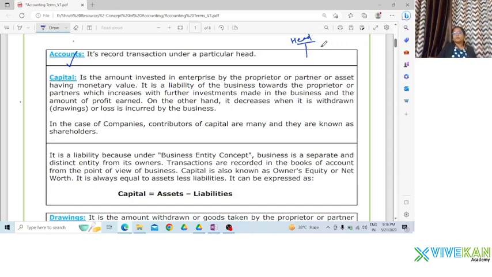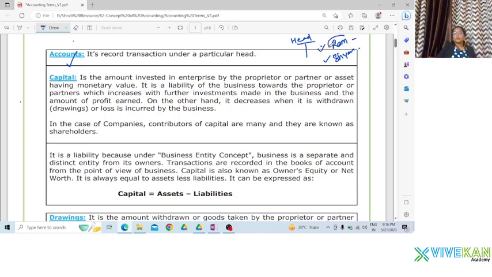Then there are small accounts. Suppose you are having a transaction with Ram on purchase and a transaction with Shyam for sales. These are all accounts, because you have to transact with them and you need to record these transactions.